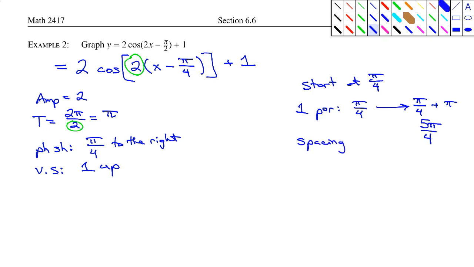Next, my spacing would be 1/4 of the period length, which is pi. So that would just be pi over 4. So I look for the smallest fraction to use here, and that would be the pi over 4.